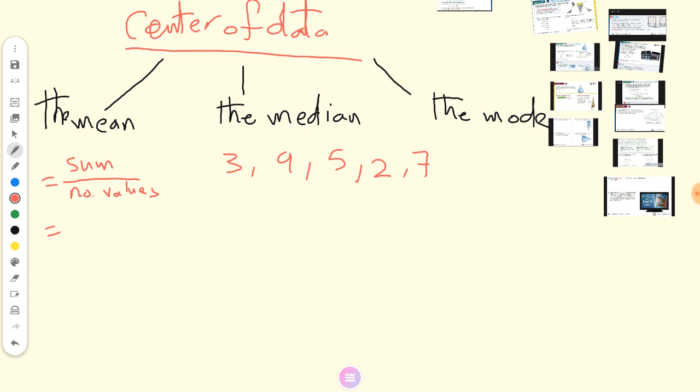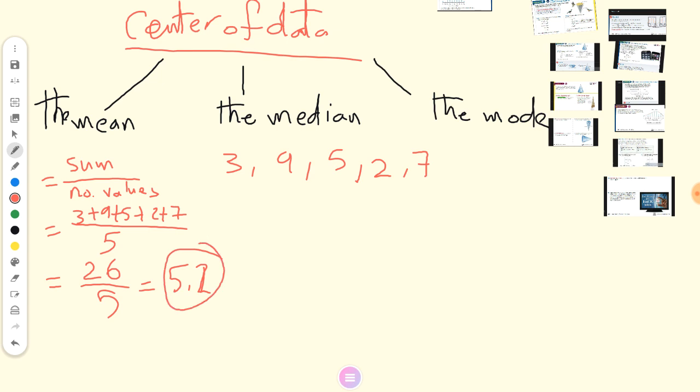So 3 plus 9 plus 5 plus 2 plus 7, divided by the number of data, which is 5. It equals 3, 12, 17, 19, 26. 26 over 5 is about 5 point something, 5.2. So the mean of this data is 5.2. The center of the data is 5.2.